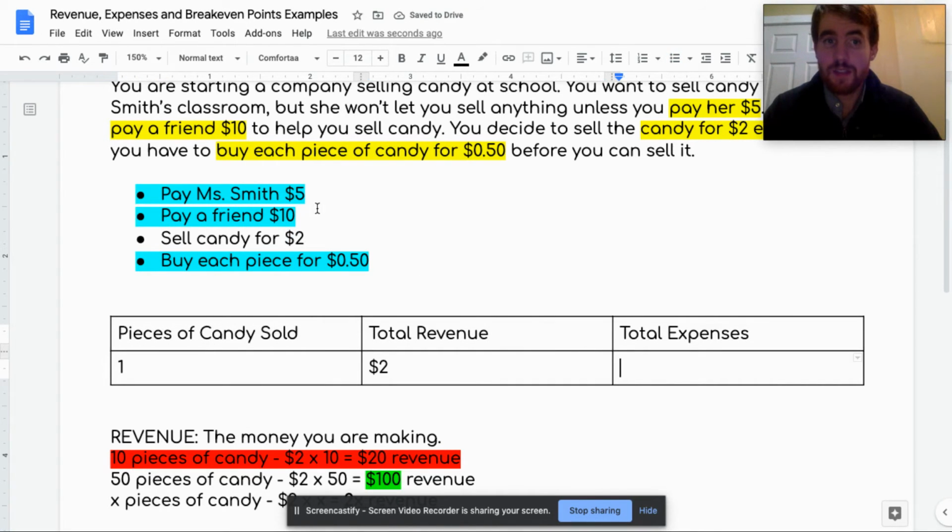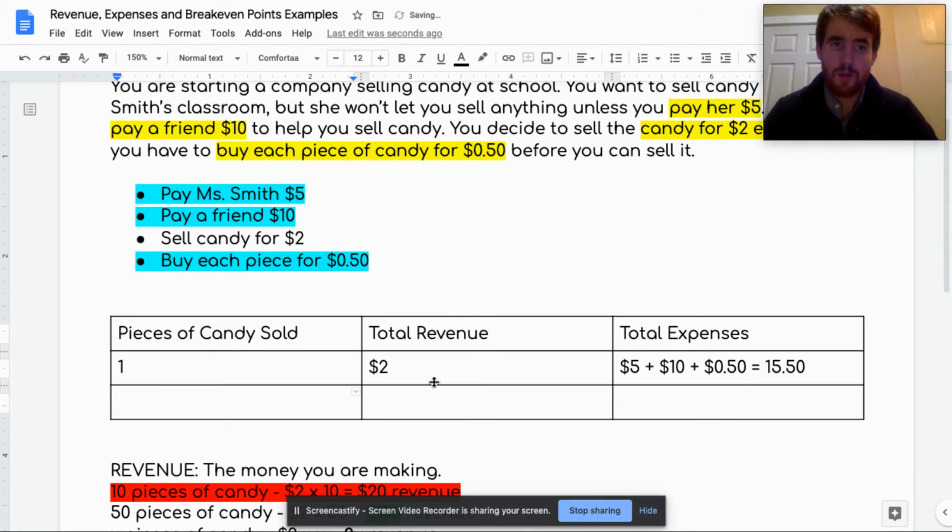The total expenses, we have to pay Miss Smith $5, right? We have to pay a friend $10, and then we have to buy the candy for 50 cents. Okay, so right now our total expenses are $15.50. A lot more than $2, so we're not at the break-even point yet.